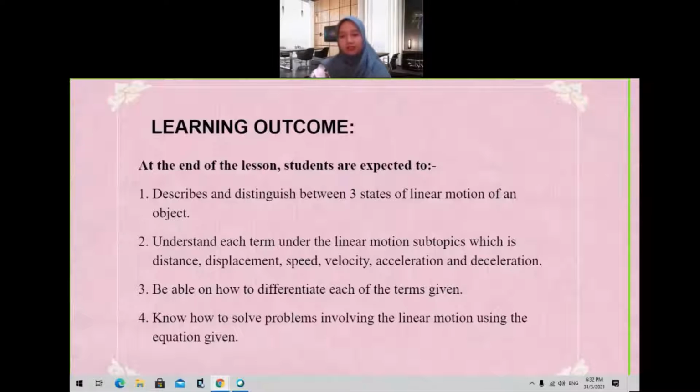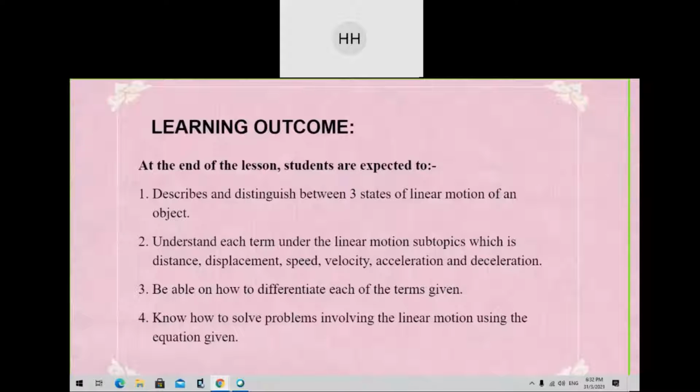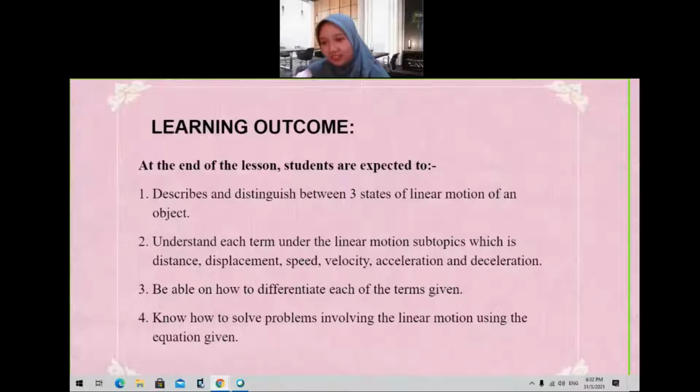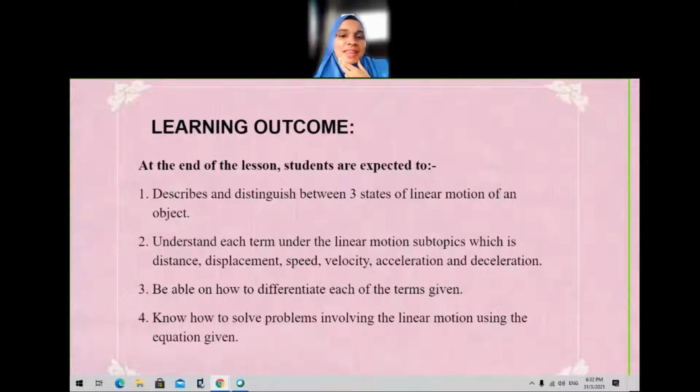And also you will be able to differentiate each of the terms given and know how to solve the problems using the equations given.